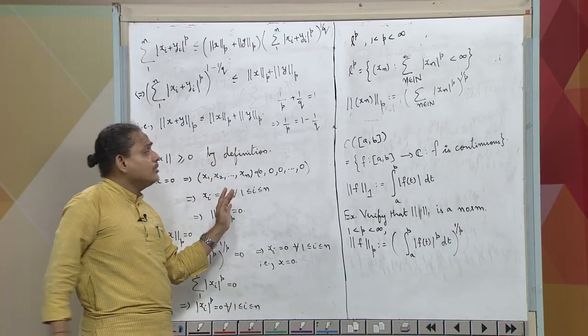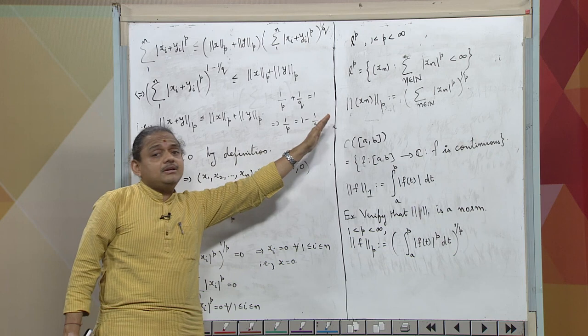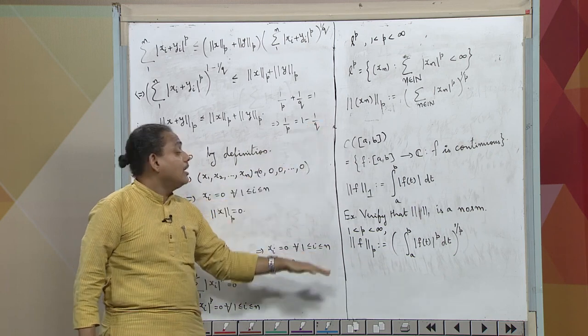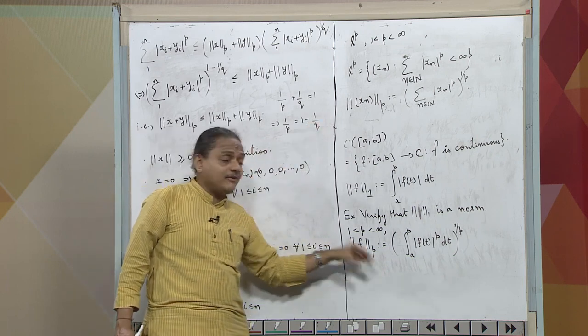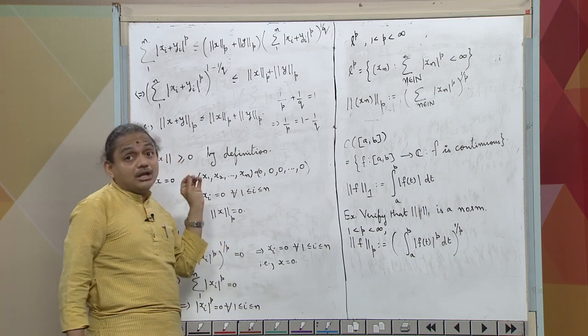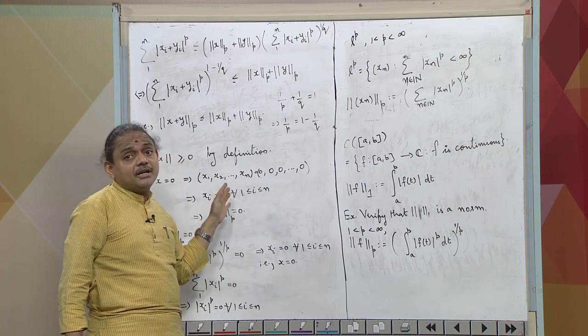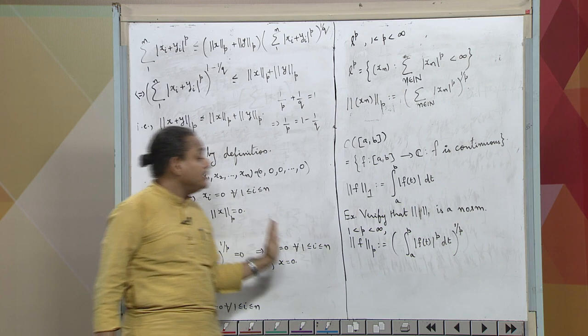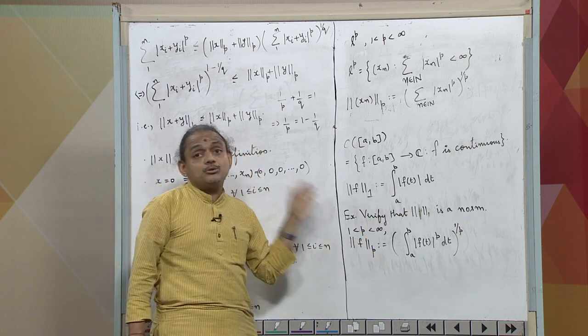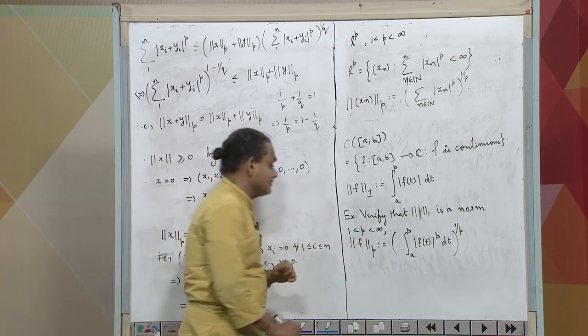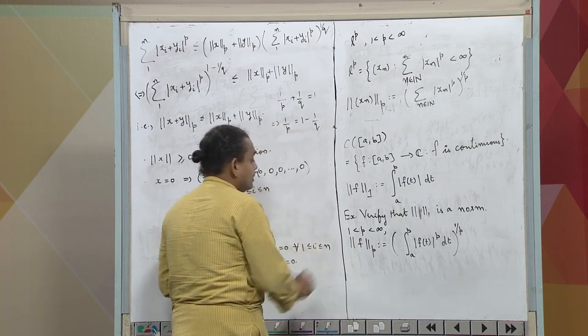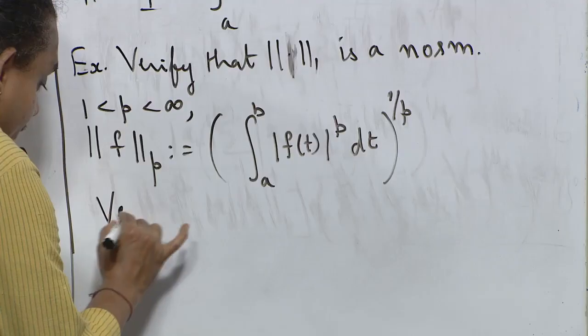The same proof, whatever you have written for LP, you should be able to write down even for this case, and you should be able to write down the analogues of Minkowski's inequality as well as Hölder's inequality, and prove that this is actually a norm. So verify that this is a norm.